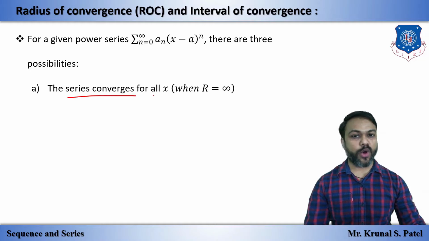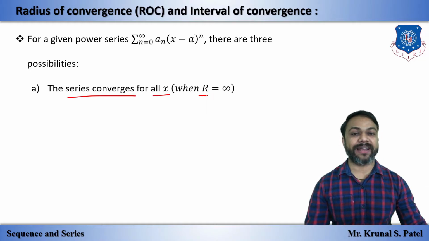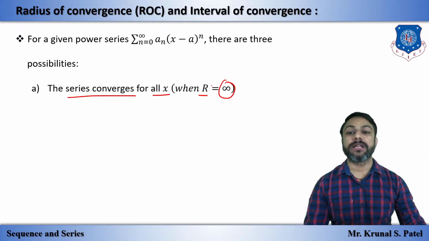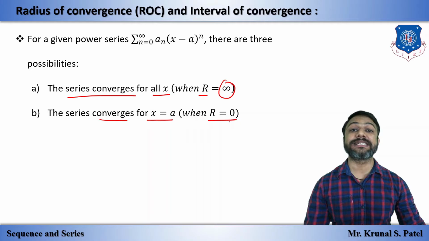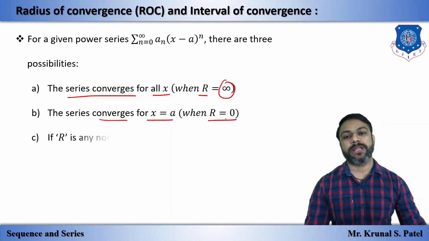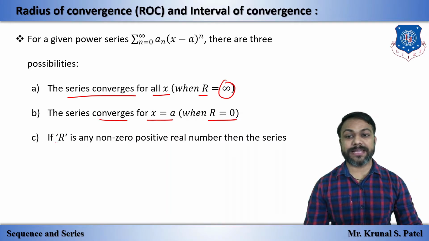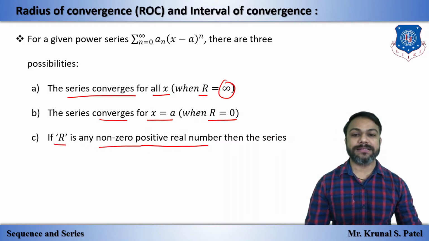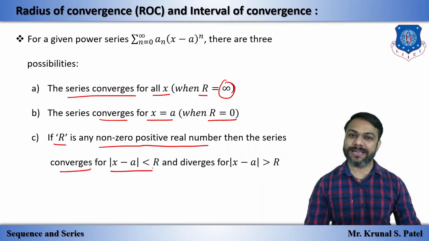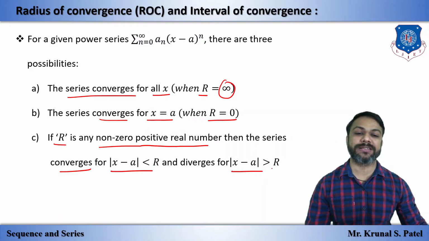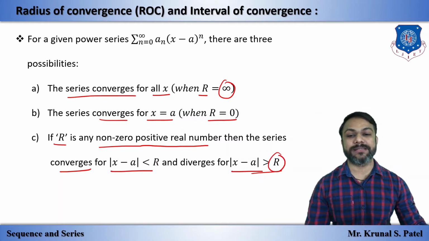First, the series is convergent for all x, that means the radius of convergence R is infinite. Second, the series is convergent only for x equal to a, that means R is 0. In the third case, if capital R is any non-zero positive real number, then the series converges for mod x minus a less than R, and diverges for mod x minus a greater than R.